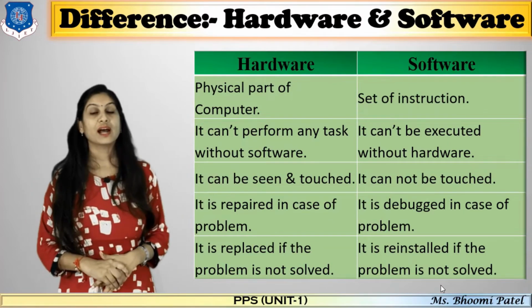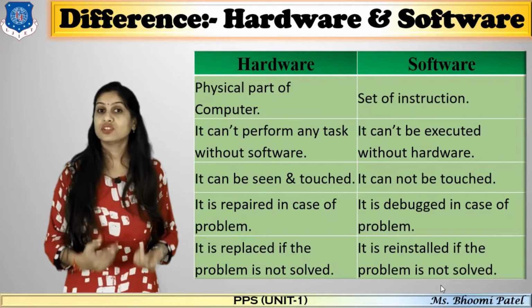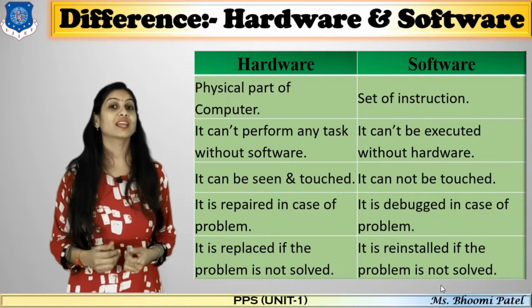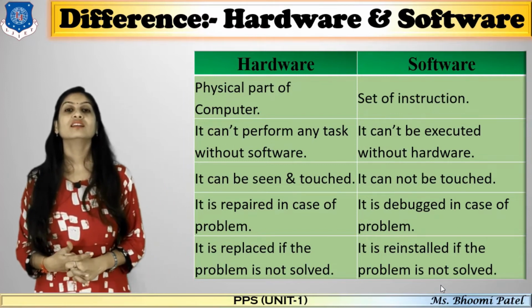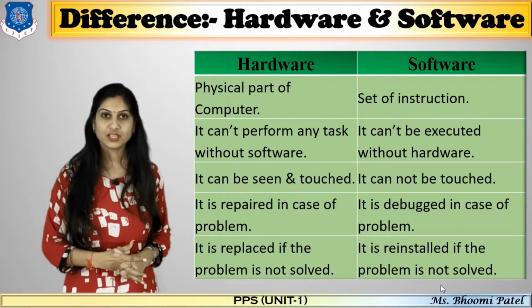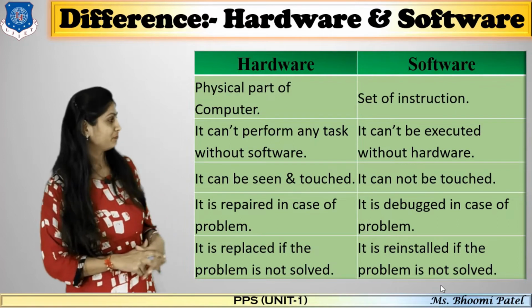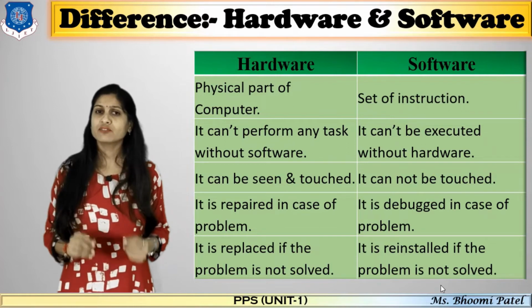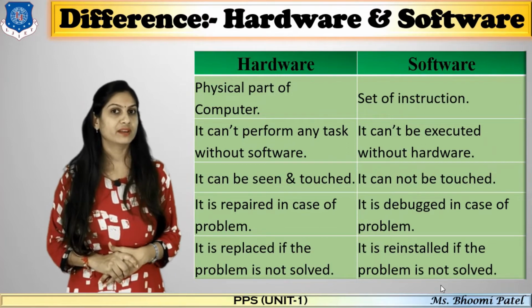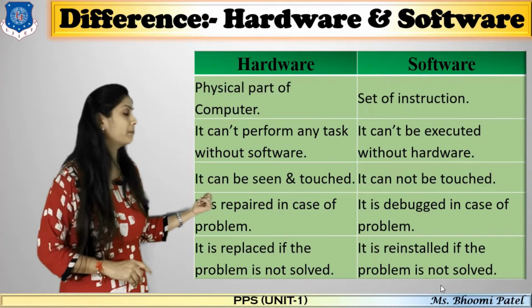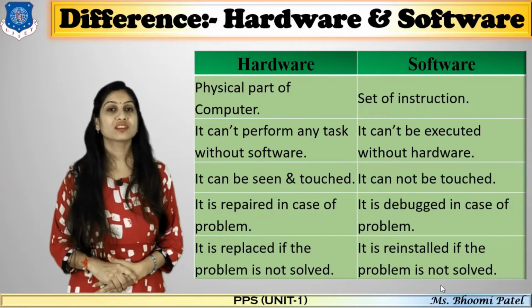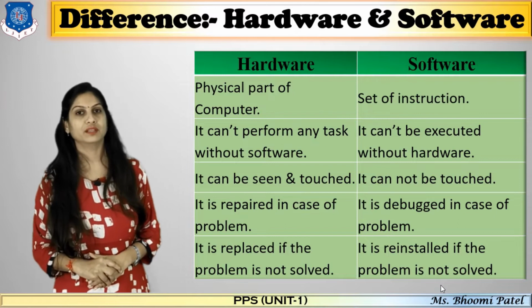The third one is that hardware we can see, we can touch, we can feel, but software we cannot touch, see or feel. The next difference is, if some problem occurs in hardware, then we repair it, but in case of software we cannot repair it, we have to debug it.